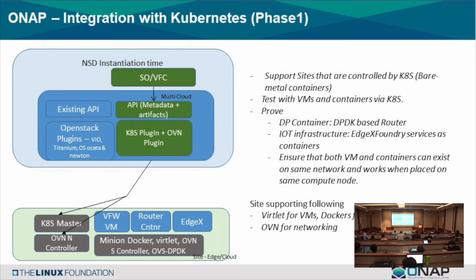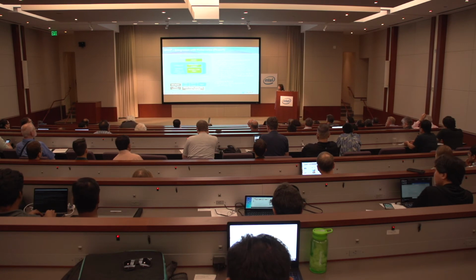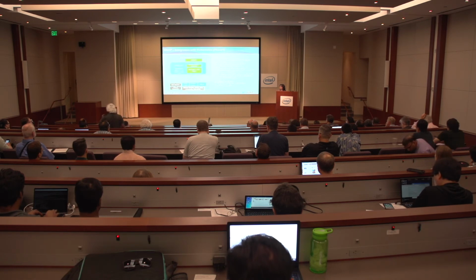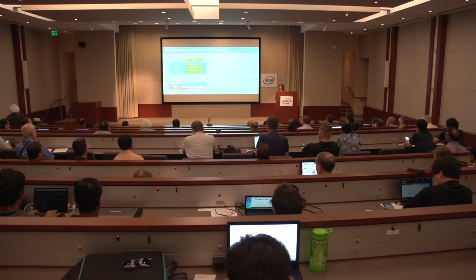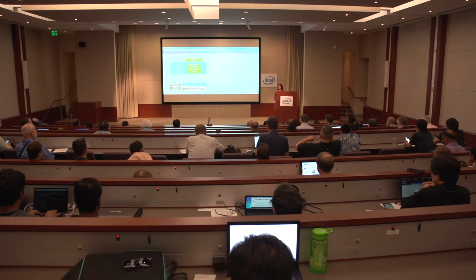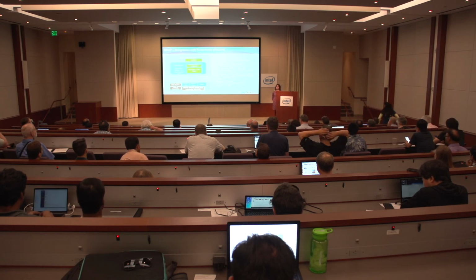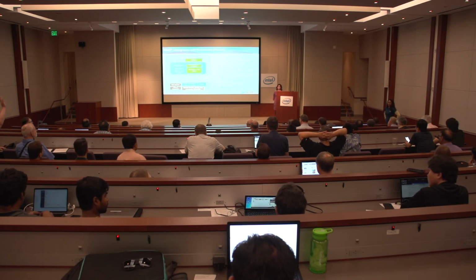But those are the two things that we are planning. The virtual firewall is a VM which already exists in ONAP. That's not a container. So in this picture, you see the firewall is a VM, and the router is a container, and EdgeX is a container. I don't know if there are any commercial implementations of these available on containers.